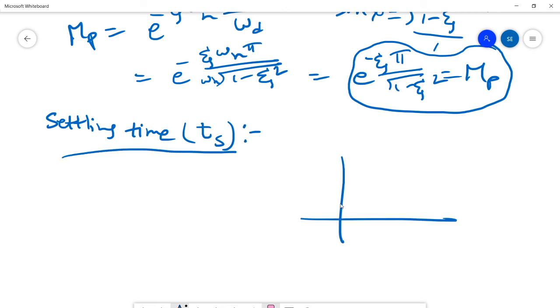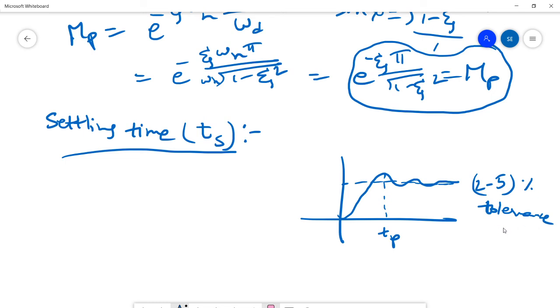What is the settling time from the plot? It is a tolerance band, 2 to 5% tolerance of the actual final value.